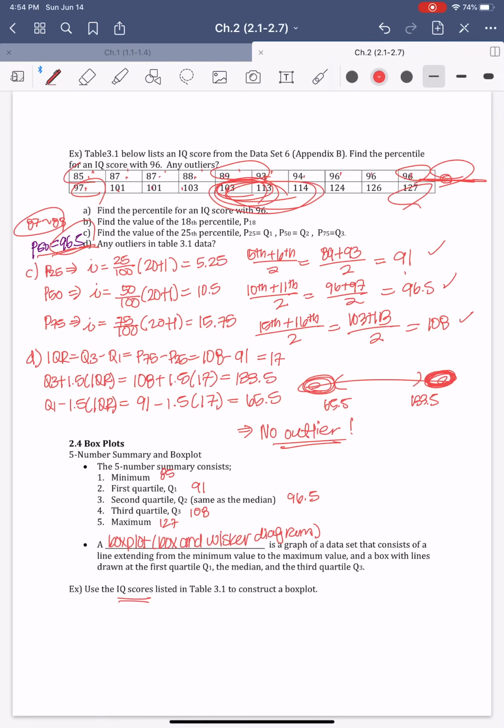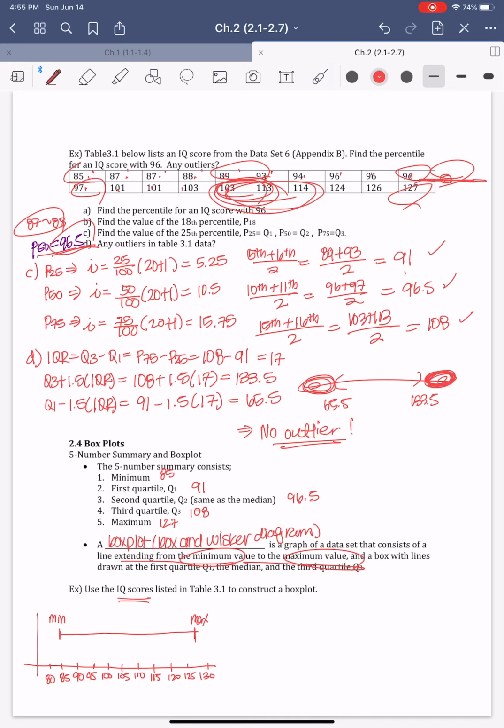It says it consists of a line extending from min to max value. So here, 80, 85, 90, 95, 100, 105, 110, 115, 120, 125, 130. So locate the minimum 85, 127 maximum, and then make a line going through the min to max.